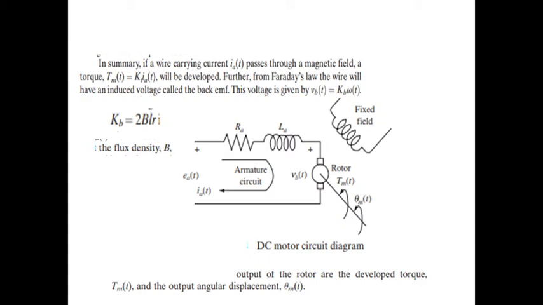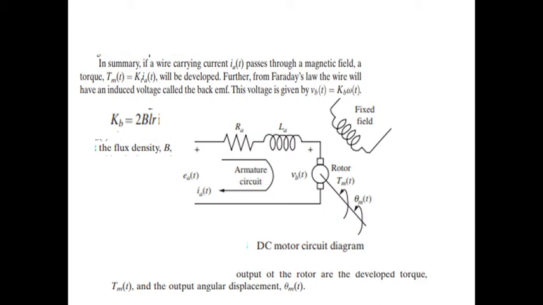Now I will come back to the motor. If you consider a DC motor, the rotor windings will rotate under a magnetic field when I pass a current through the rotor coil. So remember, the rotor coil is rotating under a magnetic field.